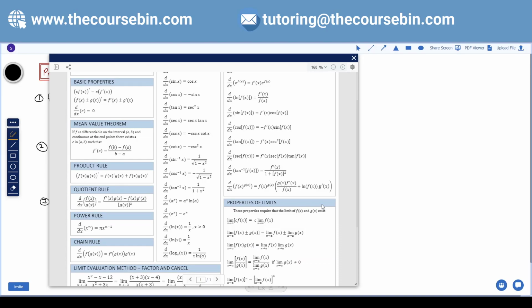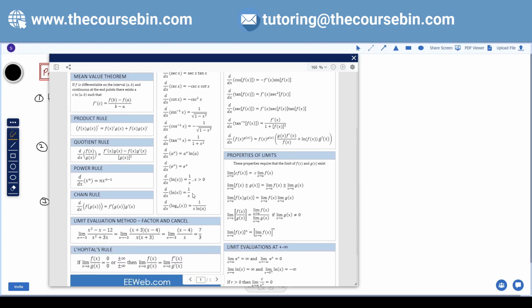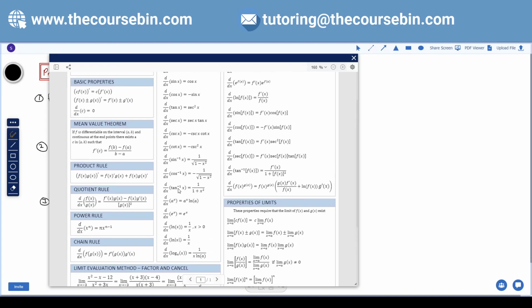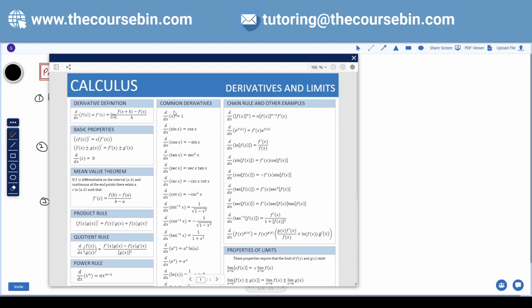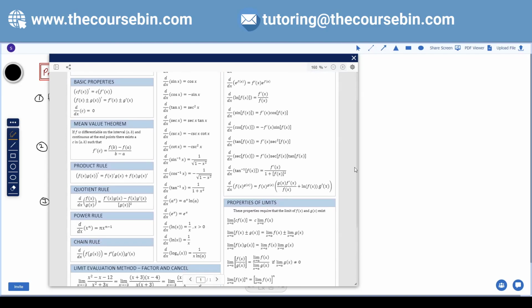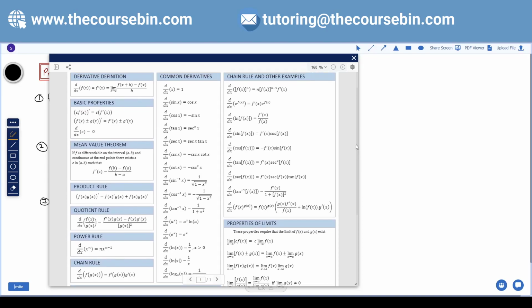But these all apply for partial derivatives. Whether the variable is x or y, it's the same rules. So the main ones that you want to focus on are the common derivatives in this column here. These are very important to know.